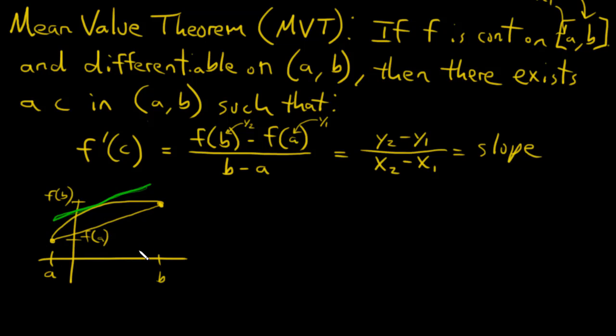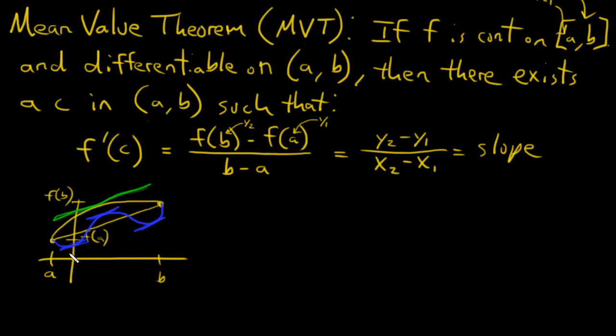Okay? Just like when we were doing Rolle's theorem, there's no way that I can get from point A to point B with a function without having the same slope as the average slope at least once. That would occur right here, and even right here.